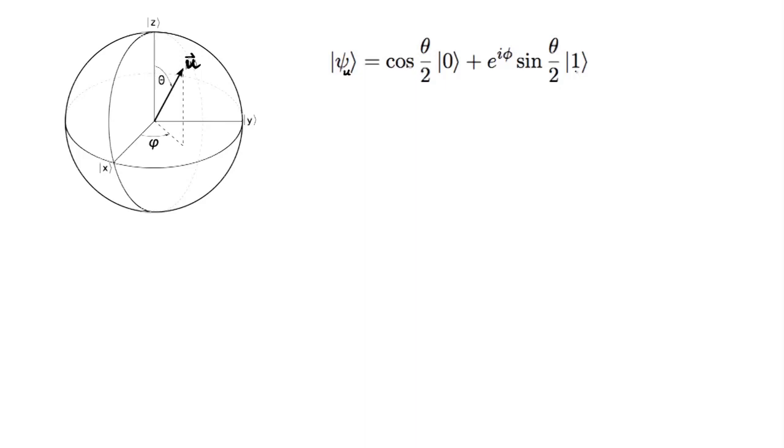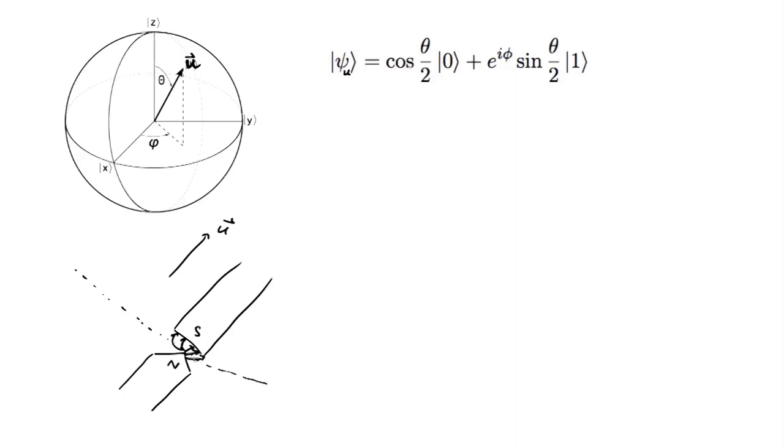So it turns out that if we were to point our Stern-Gerlach device in this direction u, and if we take an electron and pass it through here, then it does actually take one of two paths, where the upper path is taken if the electron were in the state psi sub u.